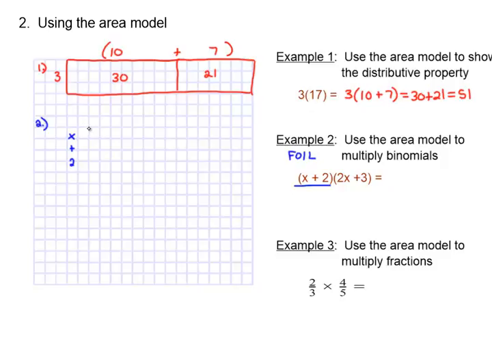And so I'm going to just go like this. And over here we have 2x plus 3. So here's 2x plus 3.